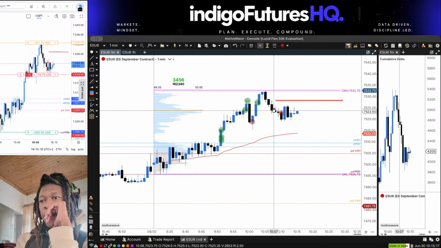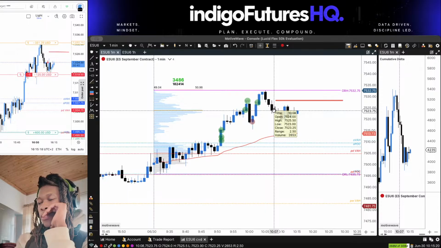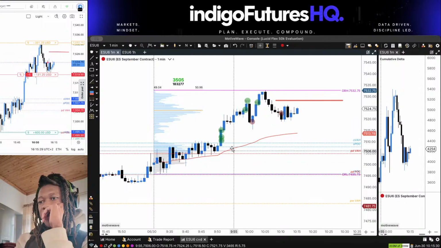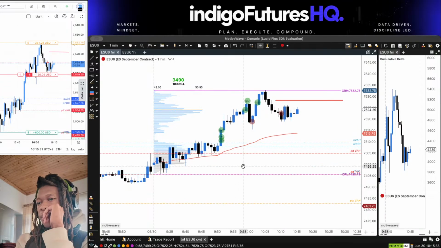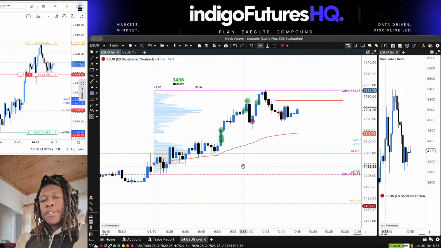This is now a point of control. 523 is our point of control, so it could be the same thing that happened over here. Could be the same thing.